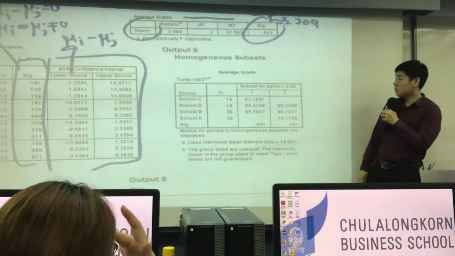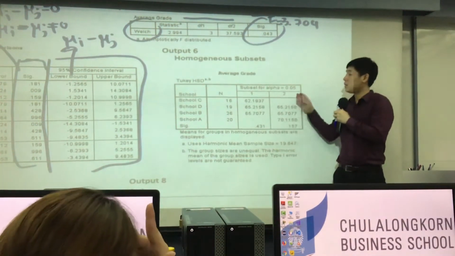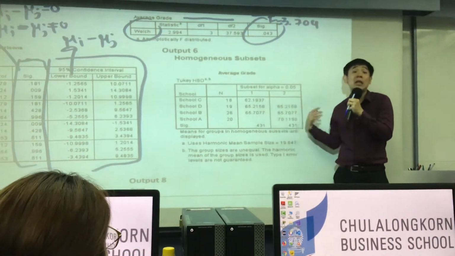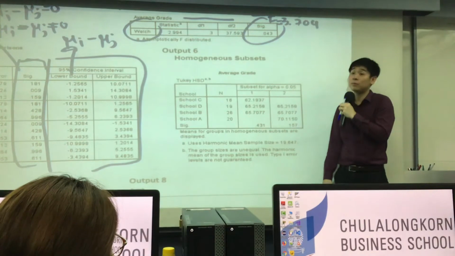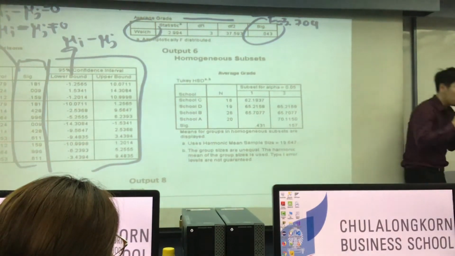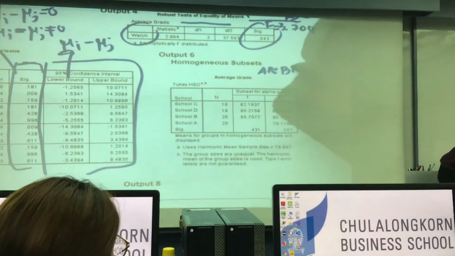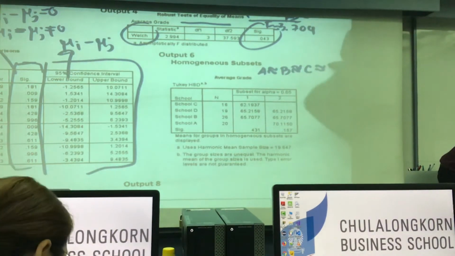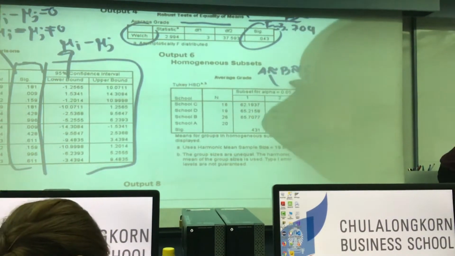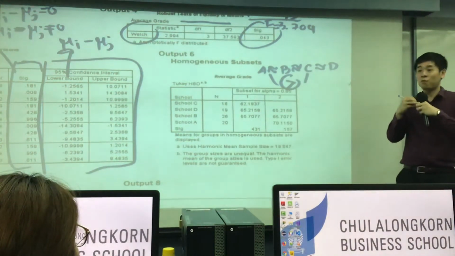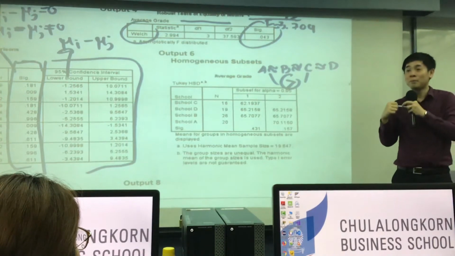So based on this, you can see A is only in subset 2 and C is only in subset 1. So A and C are different. Or you can write down something like this: A is about B, is about C, and about D, but these two are not the same. Sometimes this can be very hard to summarize.